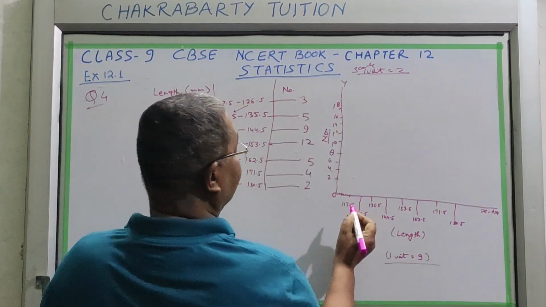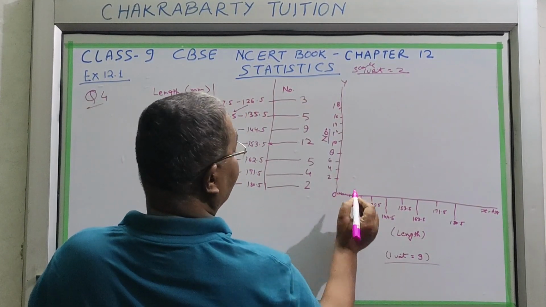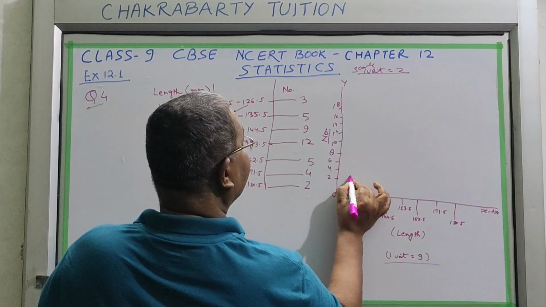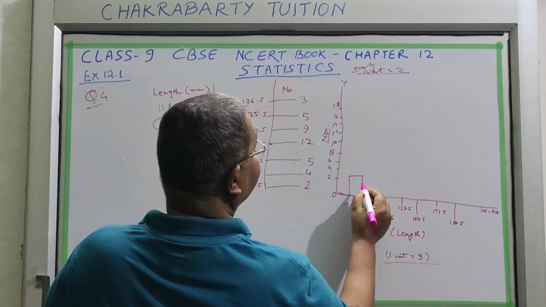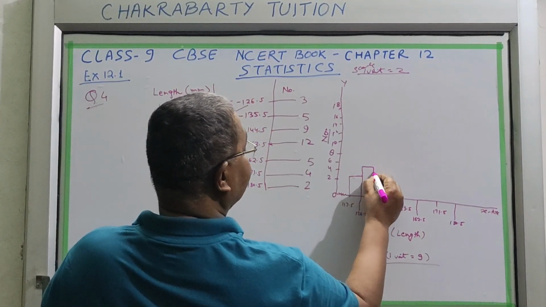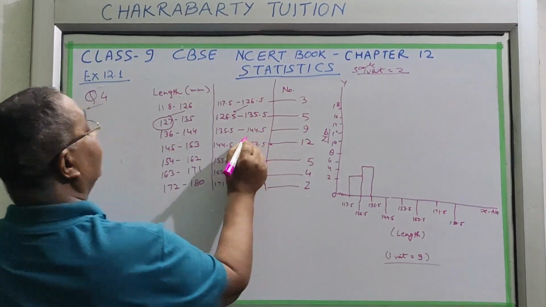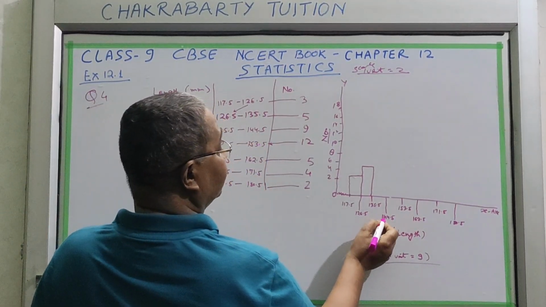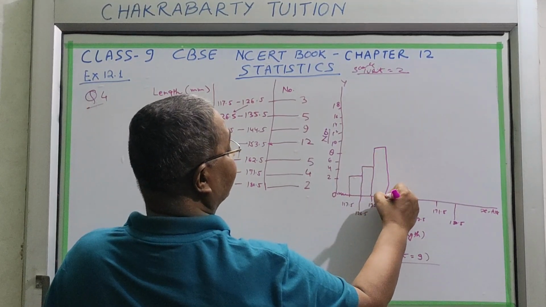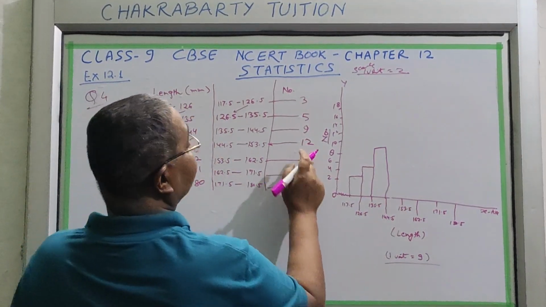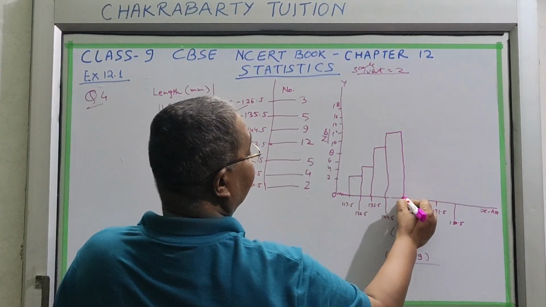So once it is 3 only, for 117 to 126 it is 3 only, so it will go up to 3 like this. Then it is 5, it will go up to here. Then 135 to 144, it is 9, so 9 will come here. Then 12 will come, so it will go up to 12.